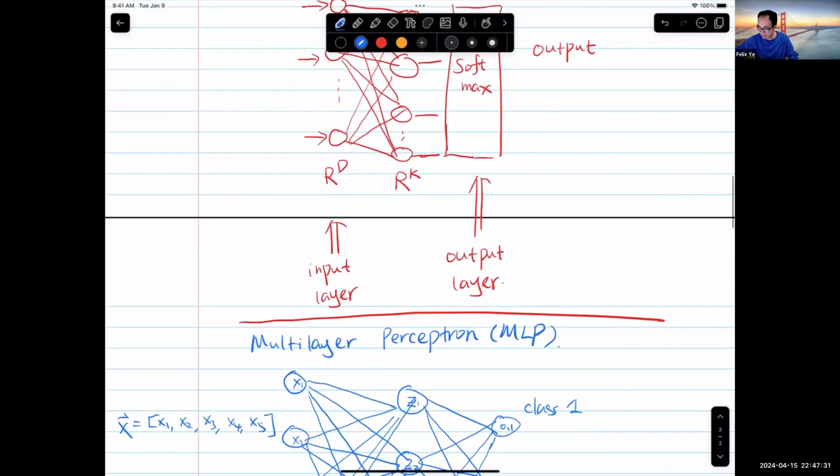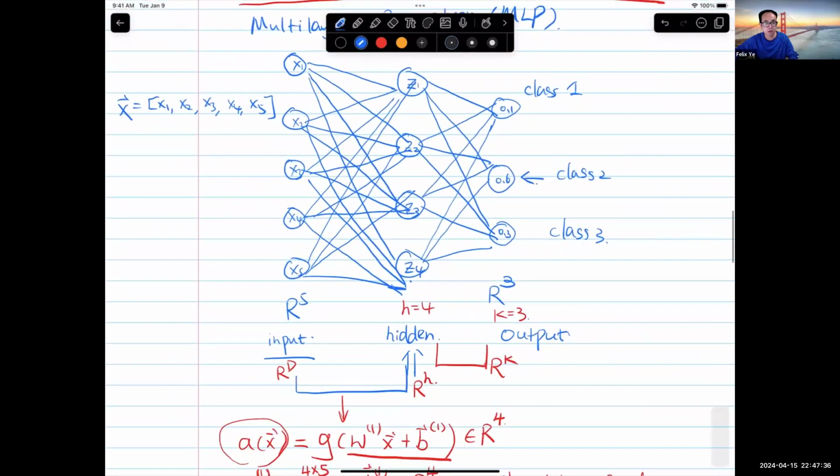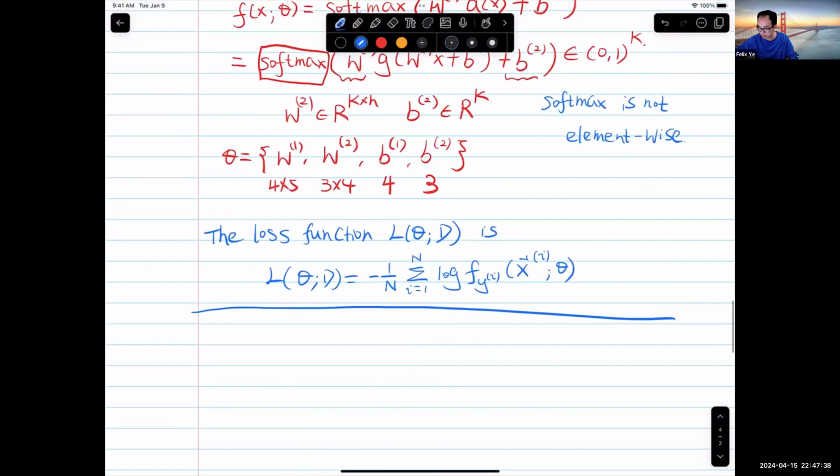That's why sometimes we are not using the softmax in the last layers. We can change the last layer to use the sigmoid functions in the output layers.